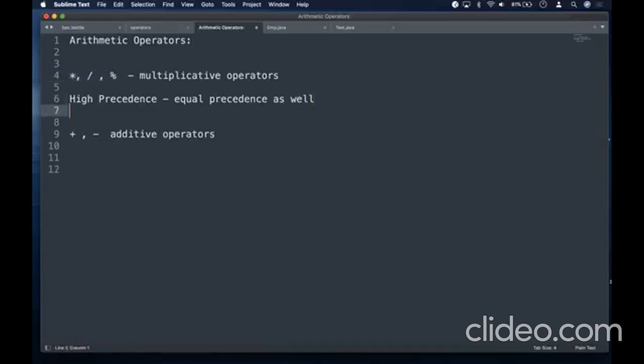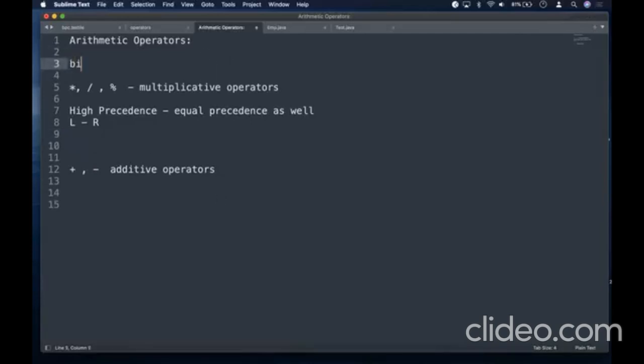And what about the associativity? Almost all operators are left to right associative except the assignment operator. Now, what we have to know about these arithmetic operators, because these are the very basic operators, is that they are all binary operators. Binary operators means they require 2 operands to work with.